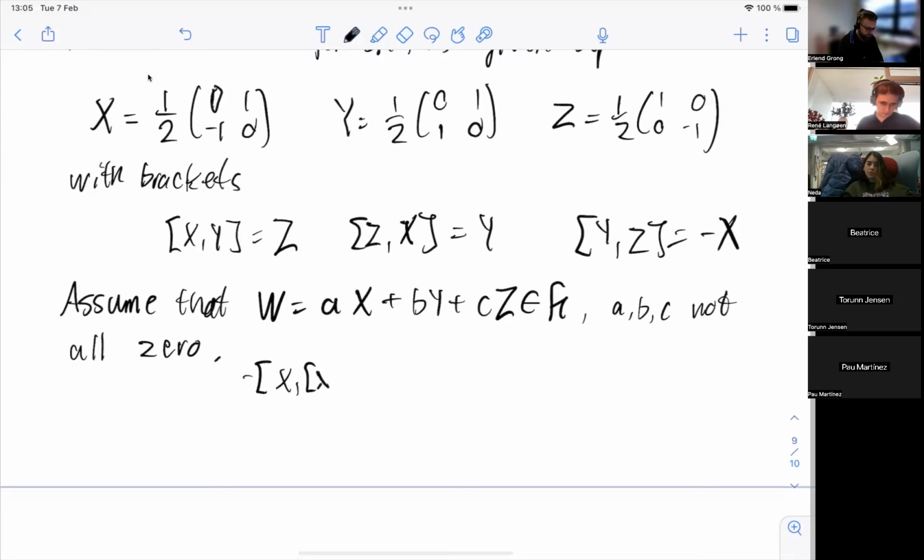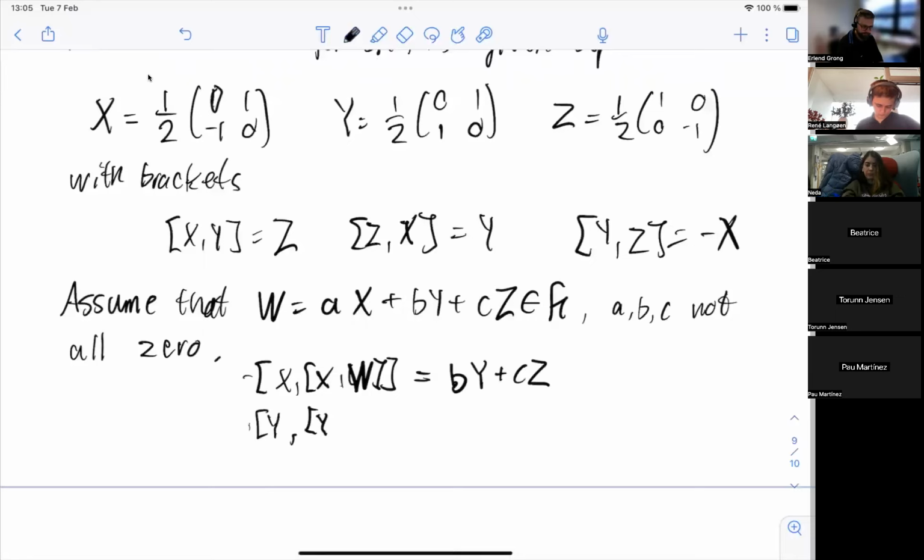I just look at what happens if I apply each of these vector fields twice. So for X, I get BY plus CZ. If I do Y twice, I get AX plus CZ.